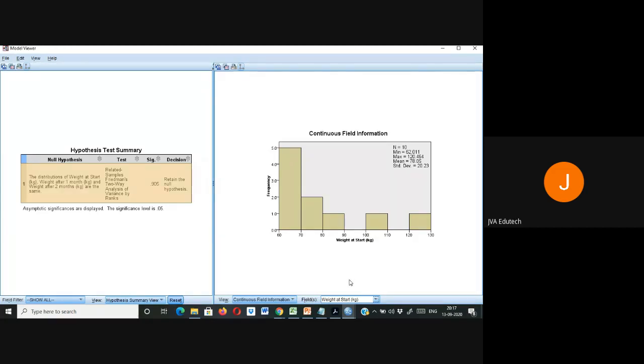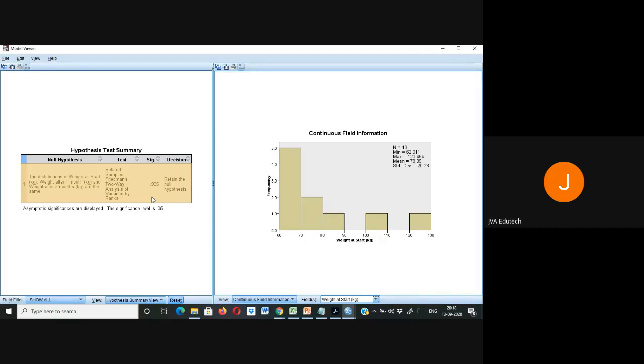If you want to calculate the effect size, this will overall tell you that diet has no significant effect on the weight over a period of 1 month or 2 months. Means you can see that when a person starts dieting, within the period of 1 month or 2 months, you cannot see a very significant change in their weights.